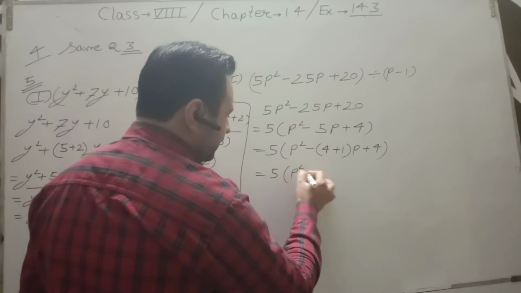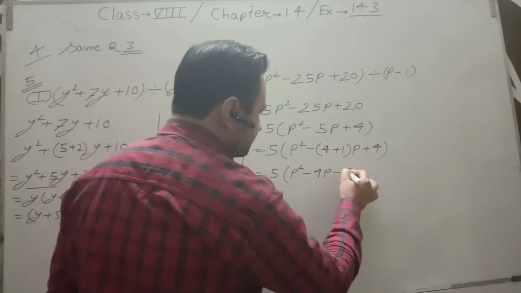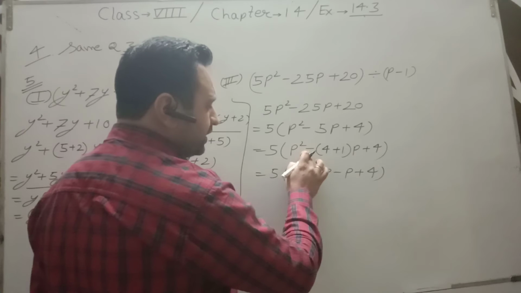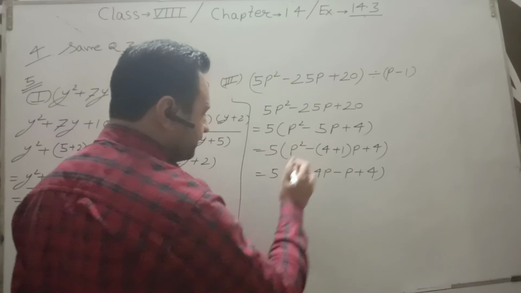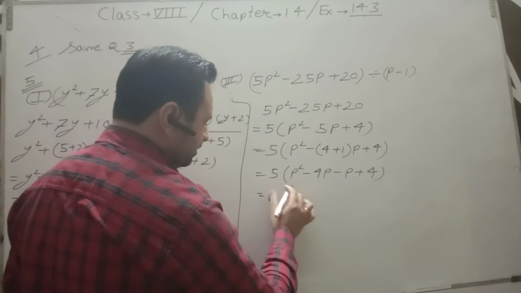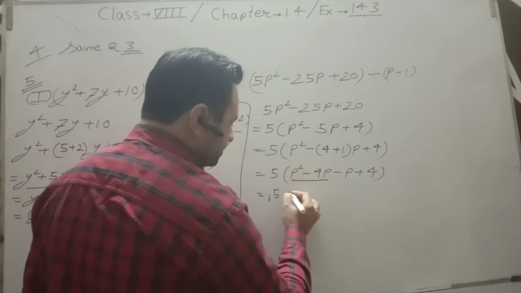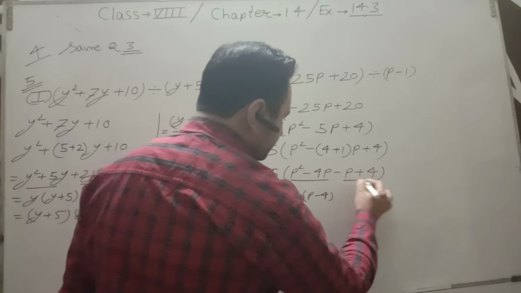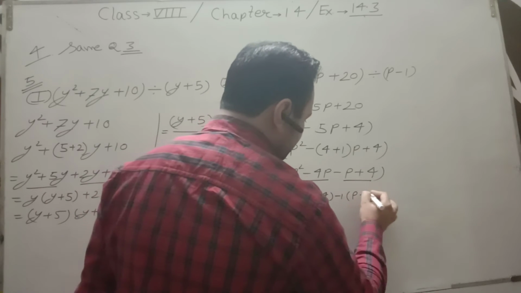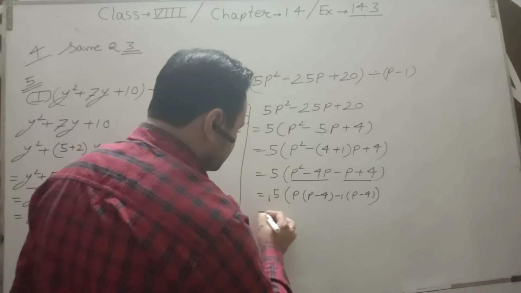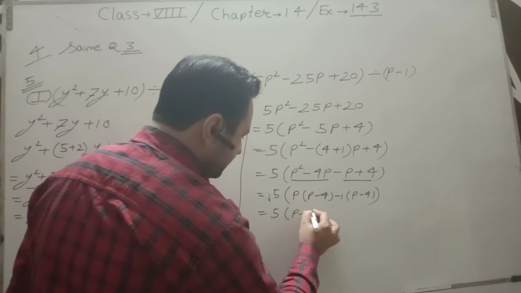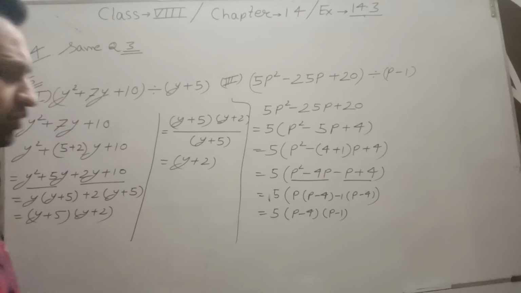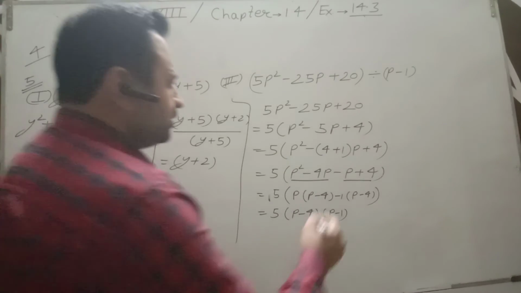Now p square minus 4p minus p plus 4. When there is a minus sign outside the bracket, then we change the sign. In these two terms, p as common, p minus 4. In these two terms, minus 1 as common, p minus 4. So 5 into (p minus 4) into (p minus 1). These are the factors of the numerator.